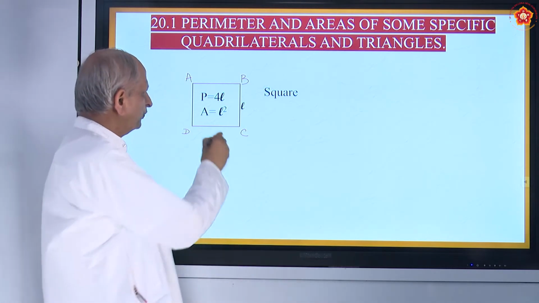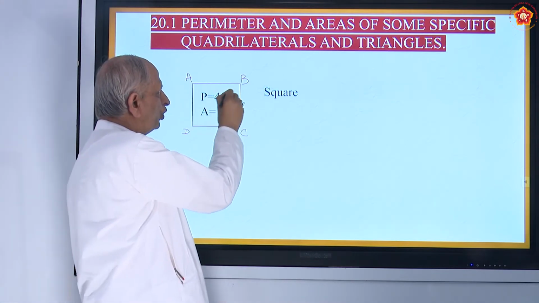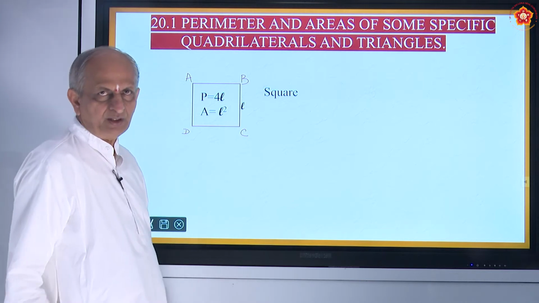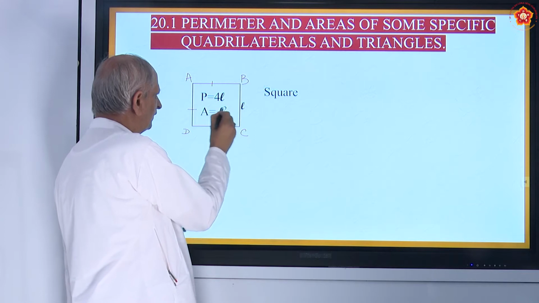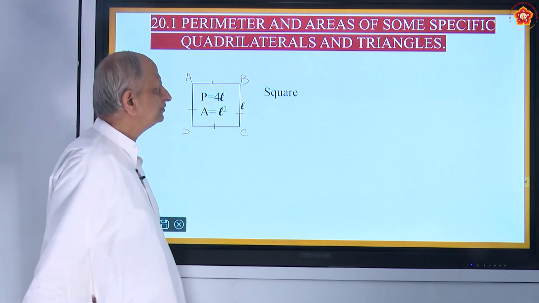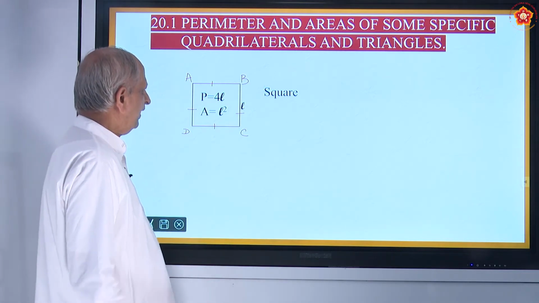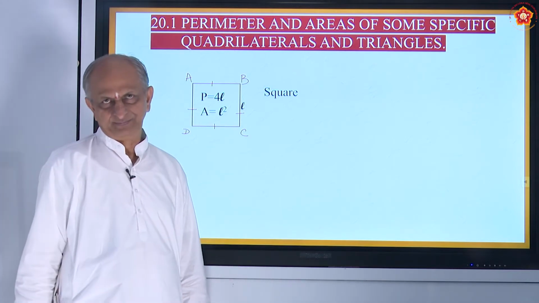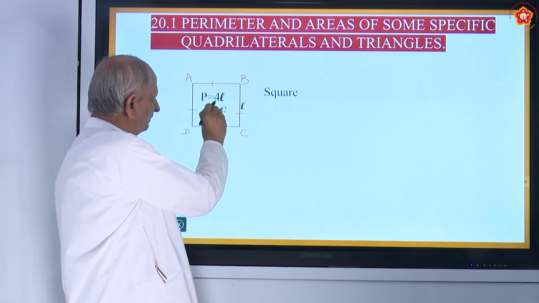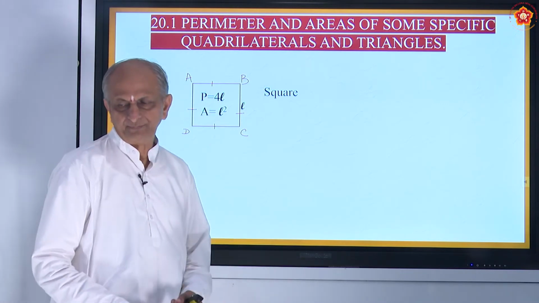For example, in a square you have 4 sides and all the sides are equal. We call the length L. So for a square, area is given by the formula L square, and perimeter is given by the formula 4L.